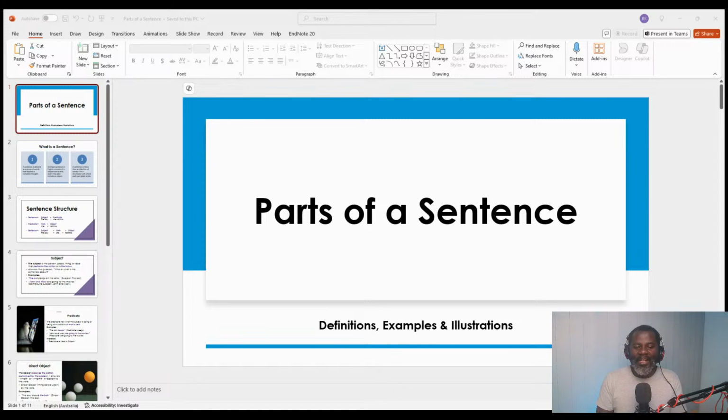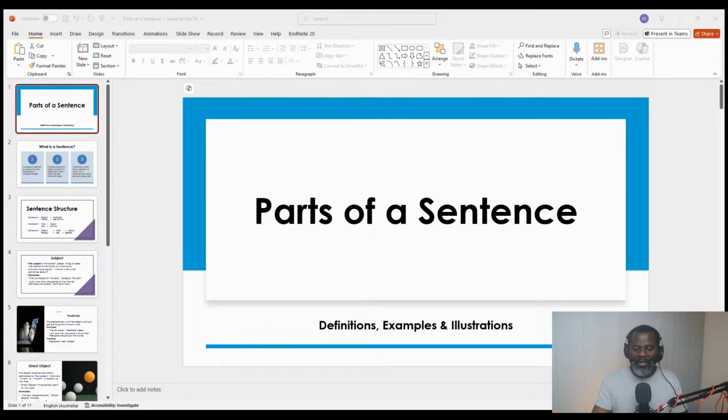Meaning that a predicate can consist of a verb, because a sentence has a subject and a verb at its minimal level. So a predicate can be a verb only, or a verb and an object, like in the example you can see on the screen.